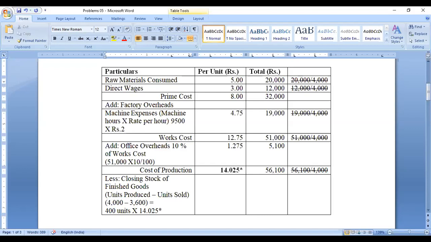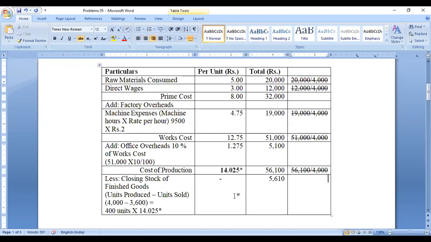So 400 units at the value of rupees 14.025 is the total cost, 5,610. That is the value of the goods left out. For the units, you need not write anything, you can simply put a hyphen.